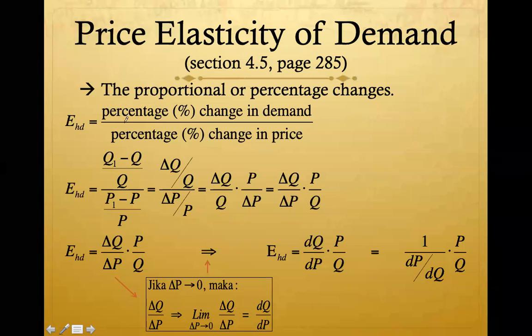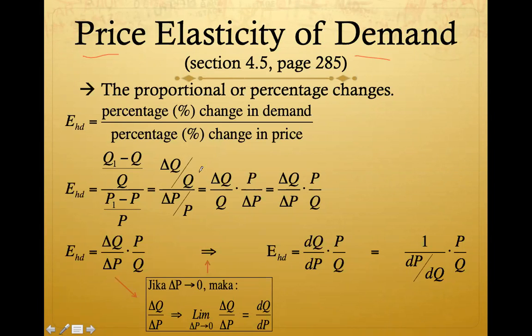In elasticity, the first one is price elasticity of demand. Elasticity is given with this variable E_D, where D represents the demand, equals the percentage change in demand divided by the percentage change in price.